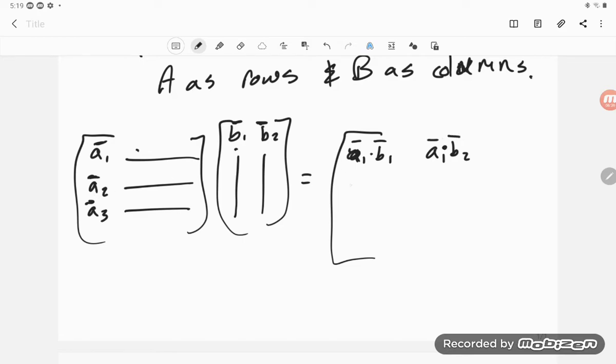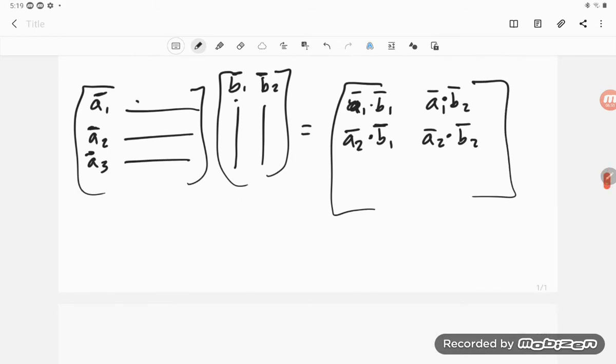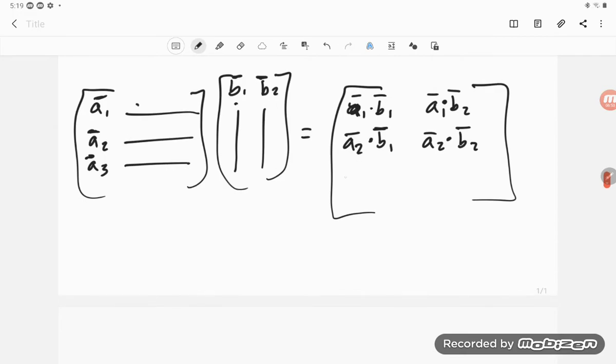Now, row 2 is the row 2 from A, and the first column is the column from B. So we get A2 dot B1, and then A2 dot B2. And then A3 dot B1 and A3 dot B2.